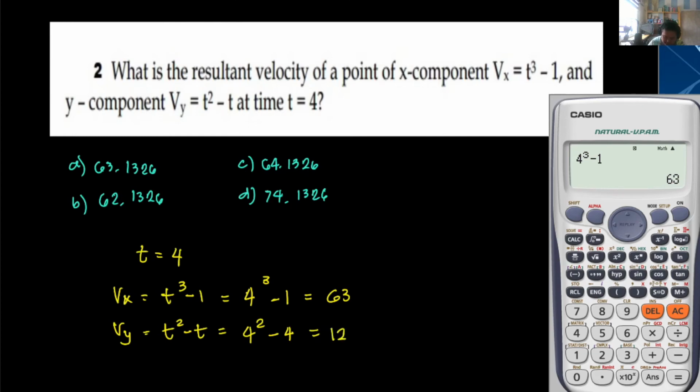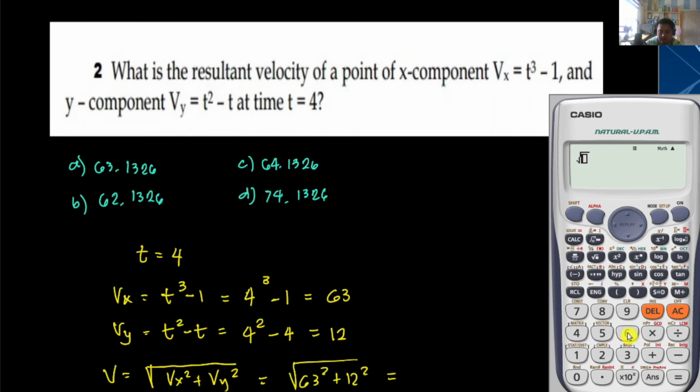So finding the velocity now, we will use the Pythagorean theorem. So this is vx squared plus v sub y squared. So just substitute this. This is 63 squared plus 12 squared. So what is the result? Square root of 63 squared plus 12 squared.